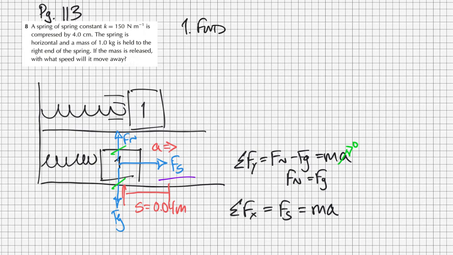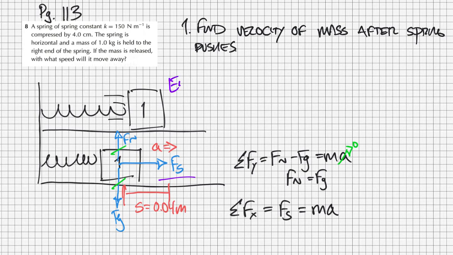So find velocity of our mass after the spring pushes. And again, our first way is we'll use energy to think about that. And then the second way is we'll use the idea of work, and hopefully we should see that both of those are going to be the same result.